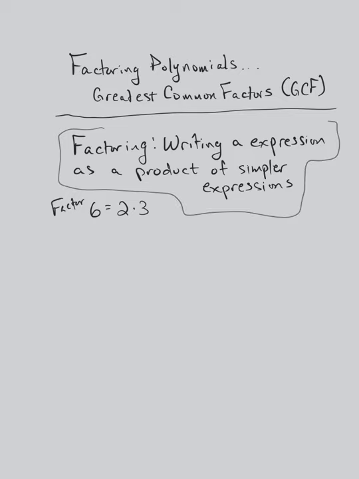Okay, and then there's different ways to factor with polynomials. The most basic way and the most common way is to factor out what are called greatest common factors. Okay, a single polynomial will have at most one greatest common factor. All right, so now what's going to happen here with factoring GCFs?